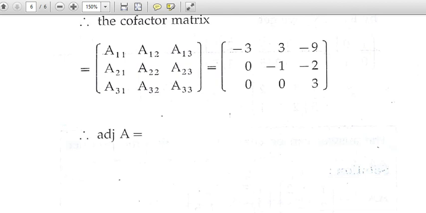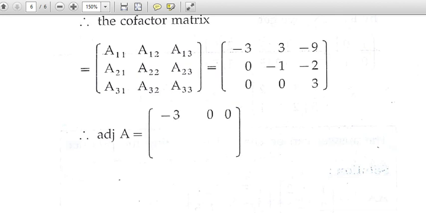And the next part is the adjoint of A. Now the adjoint matrix means the transpose of the cofactor matrix, so we will write all the columns in terms of rows. The first column is minus 3, 0, 0, so the adjoint matrix has the first row minus 3, 0, 0.